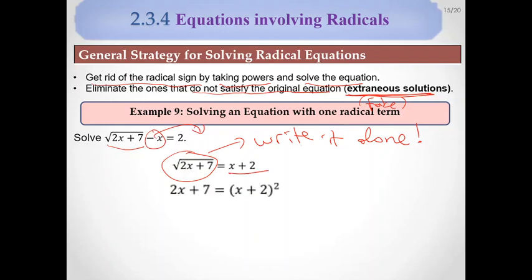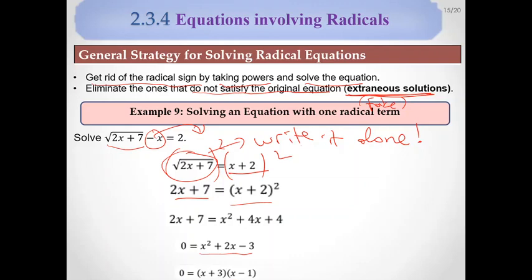And now you can take the power of both sides. Now it will be 2x plus 7. And then expand this. Then we have an equation. And solve the equation by factoring if it is possible. Then by factoring you get these two solutions, 1 and negative 3.